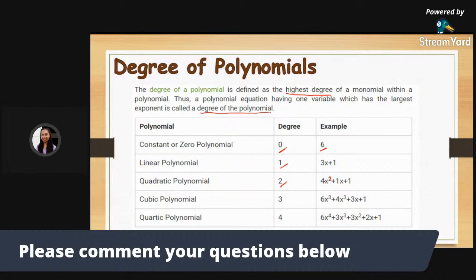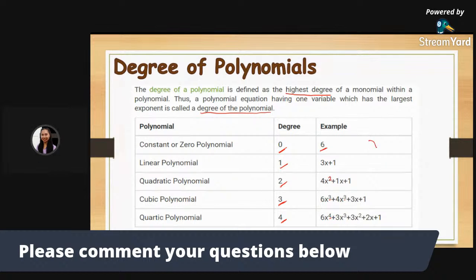As you can see, we have here 4x squared plus 1x plus 1. For the cubic polynomial, the degree will be 3. Take note of this, that the degree or the exponent, the highest exponent on this example is 3. And we also have the quartic polynomial, which has the degree of 4. So 4 here is the highest exponent.